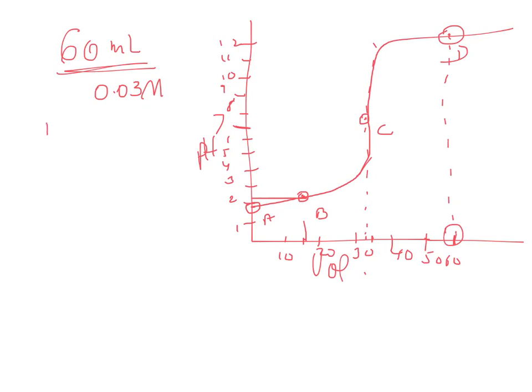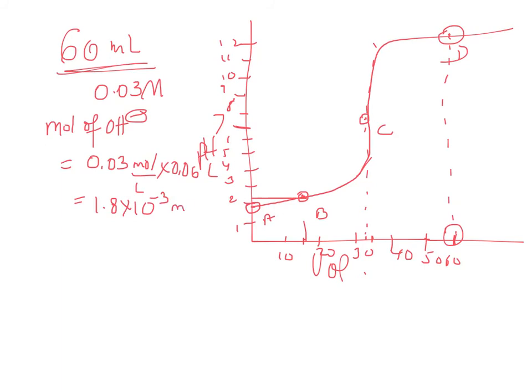So I want to determine the moles of hydroxide that I have in my system. So I have added 0.3 moles per liter times 0.06 liters. Upon multiplication, that comes out to be 1.8 times 10 to the negative 3 moles.